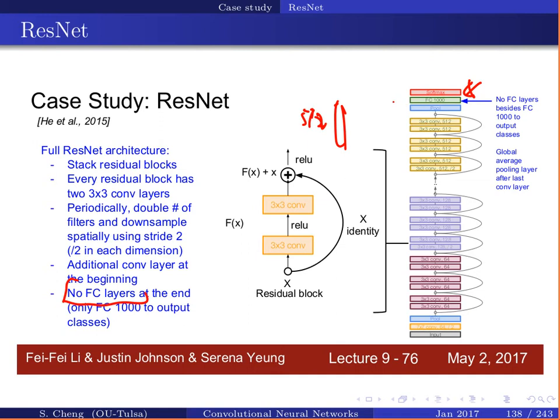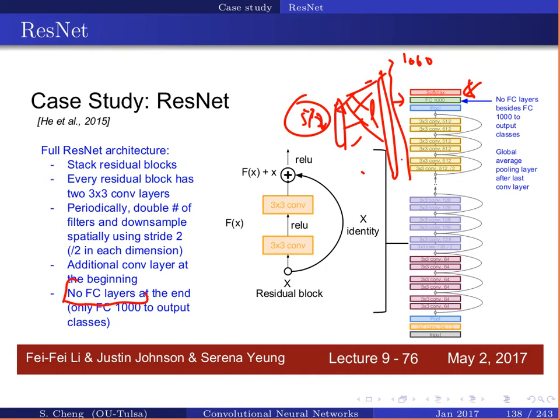It's basically after this average pooling that it just gets to a vector of length 512. Then it has one fully connected layer with output 1,000, because there are 1,000 classes. So it's just training a fully connected layer here. And then after that it just goes for a softmax.